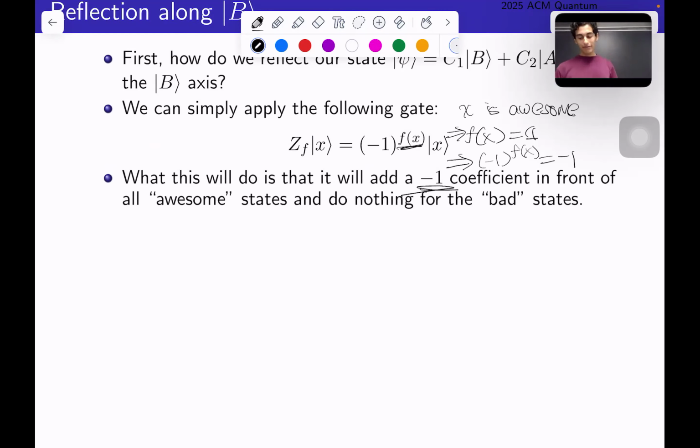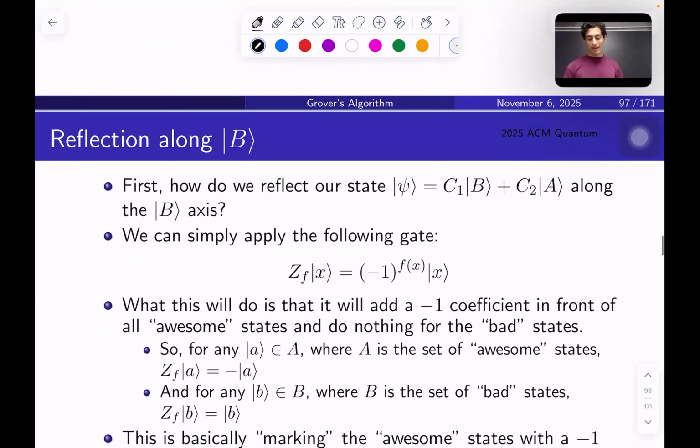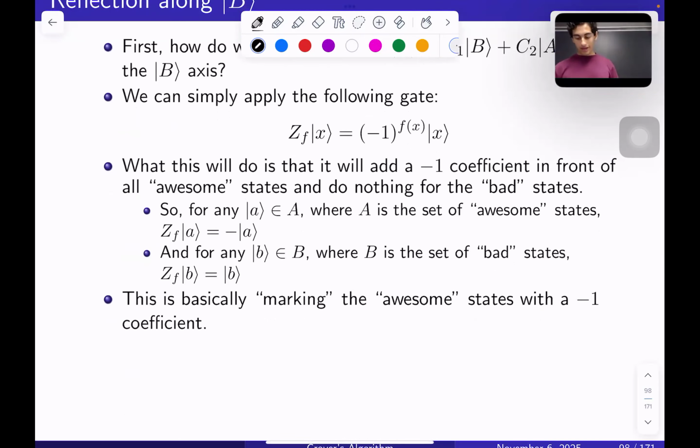If you're in a bad state, then this f of x will be 0, and then -1 to the f of x will be a 1, so it'll do nothing. So if you have some qubit, state A, in your awesome states, if you apply the ZF, you'll get -A. If you have a bad state and then you apply ZF, you'll get the same thing back. So you basically mark the awesome states with a -1 coefficient.